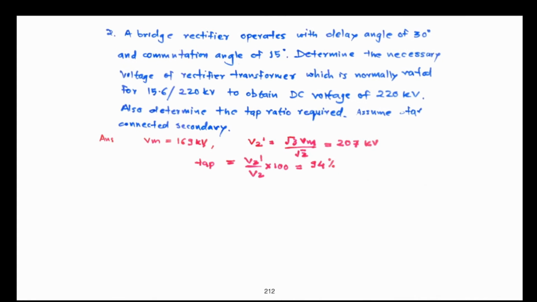Now this is the second question. Here a bridge rectifier is operating with a delay angle of 30 degrees and a commutation angle of 15 degrees. We have to determine the AC side voltage, that is, the rectifier transformer voltage, which is normally rated at 15.6/220 kV, and this time the DC voltage is specified. We are supposed to determine the tap ratio for this transformer.